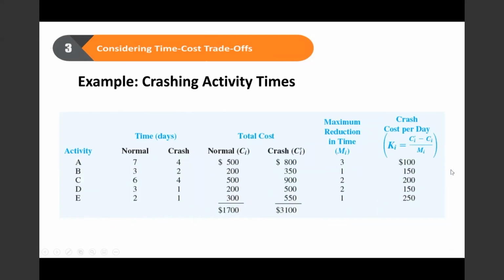You will need to find out the maximum reduction time, how much you can crash for each of the activities, and how much is the crash cost per day. Generally this information will be given to you, but you will then need to find out the maximum reduction in time as well as the crash cost per day.